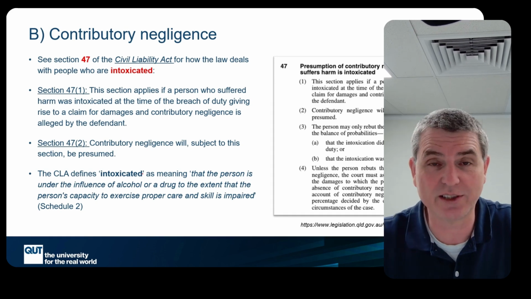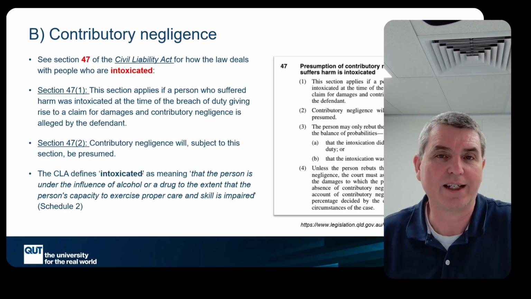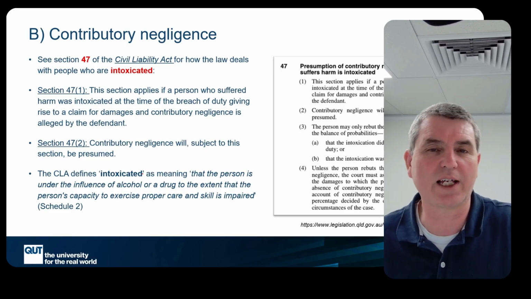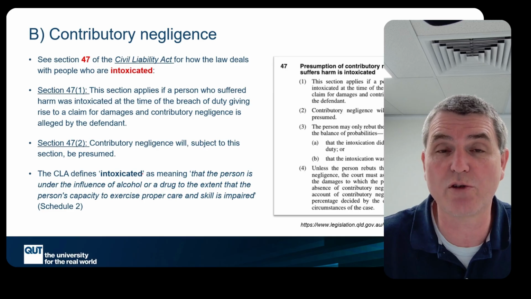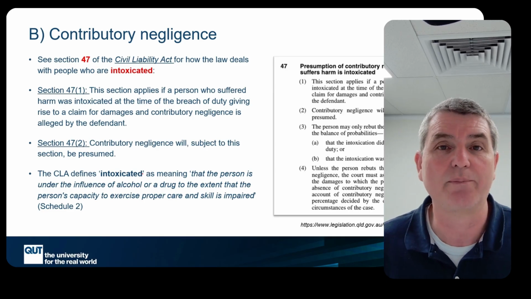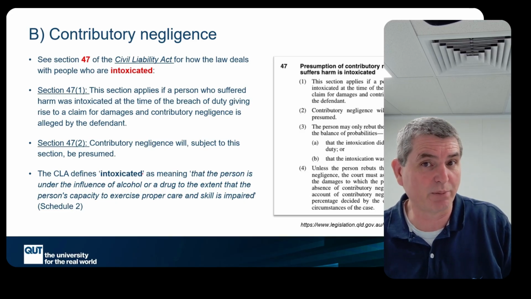We've run across this kind of test before, and what it means is it's presumed that you contributed. So if you're intoxicated, it's presumed you contributed to the actual event that led to your harm. You can rebut that with the facts, but it's a rebuttable presumption.